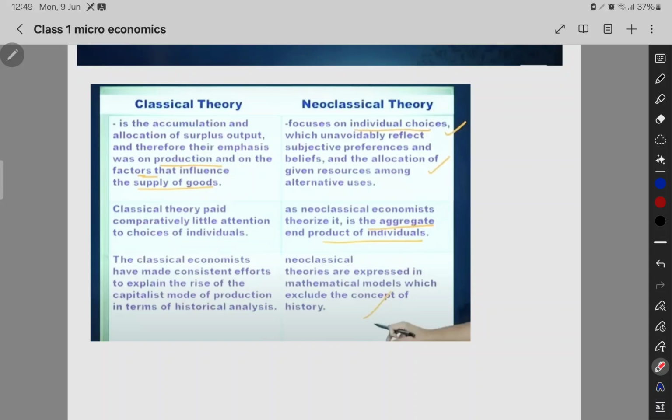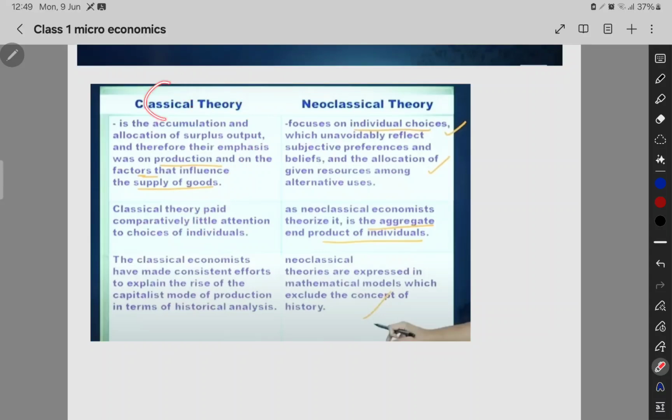And neoclassical theory focuses more on individual choices, individual beliefs, preferences. That is the main difference between classical and neoclassical. ऐसे याद रख सकते हो, नियो क्लासिकल मतलब न्यू, मतलब यू आर नाउ थिंकिंग ऑफ फोकसिंग ऑन द इंडिविजुअल चॉइसेस एंड प्रेफरेंसेस. Here your classical is just classical, which is focusing on production and factors affecting the production.